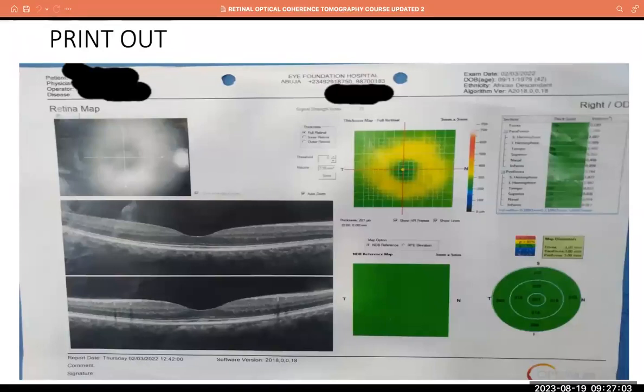Where this comes in handy is that if these lines are moved superiorly, inferiorly, nasally, or temporally, the image gotten would be different. So the laser for macular lasers is meant to be centered on the macula as much as possible, on the depression, on the fovea itself, okay?